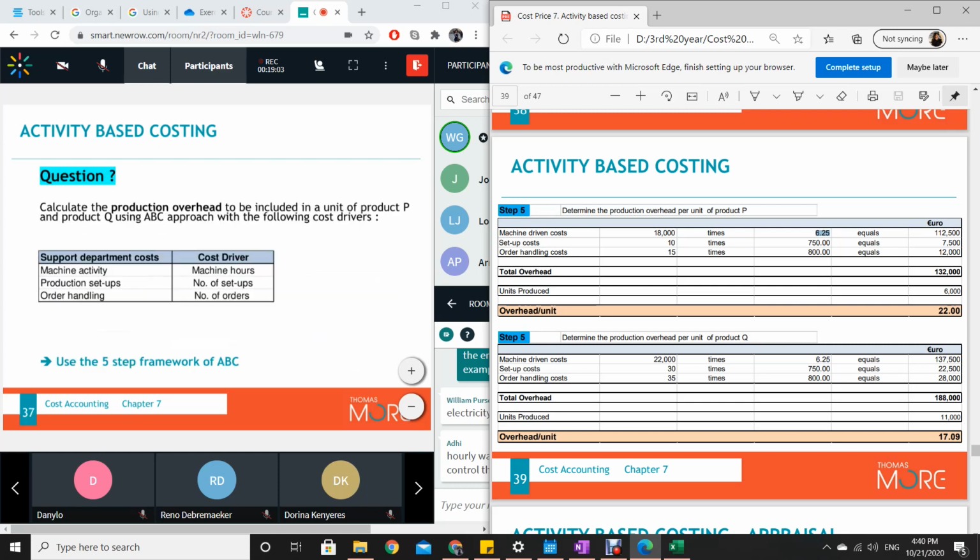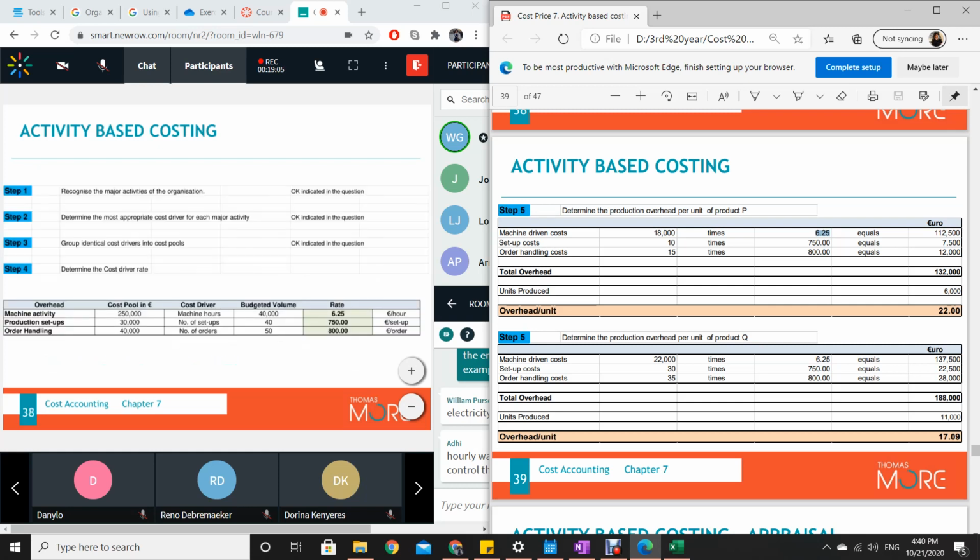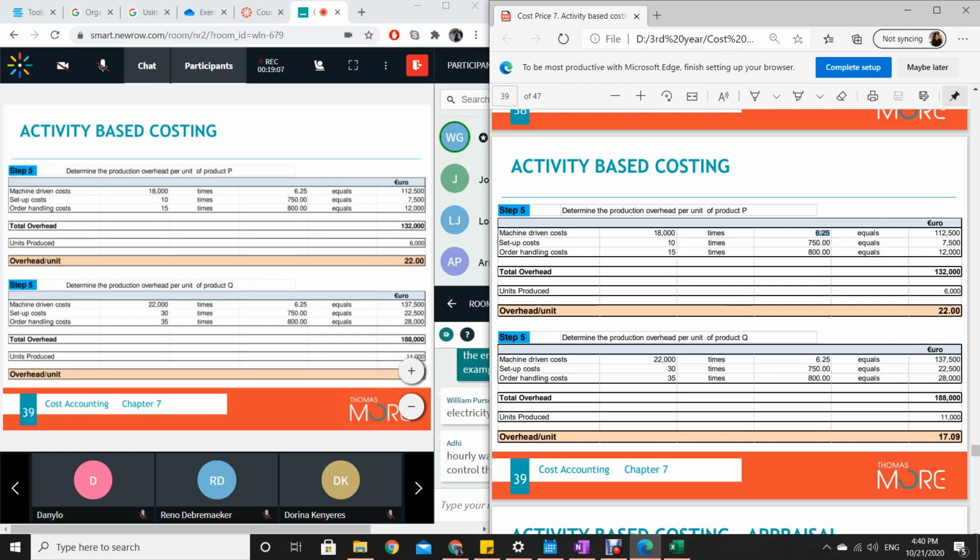That's quite logical, because you divide everything that is there, and we divide it in this way. Then you can see that the overhead cost is 17.09 for product Q.